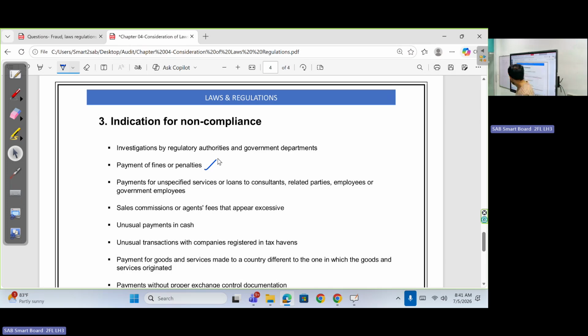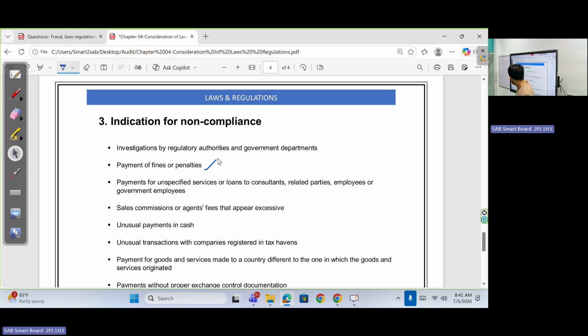Once a tax assessment comes, we make a point that there can be any number here.